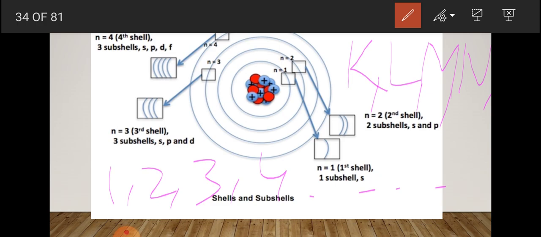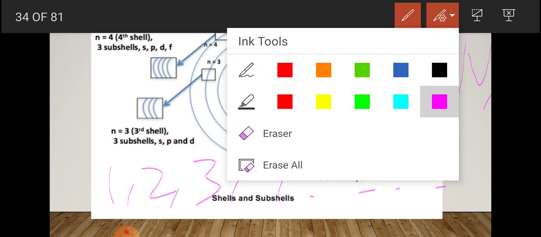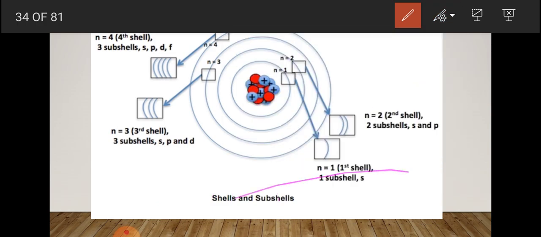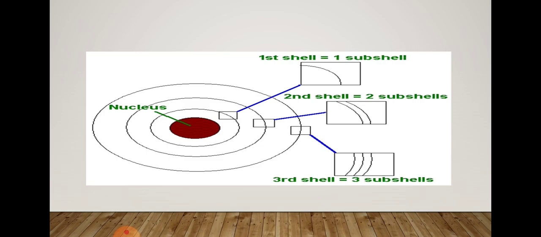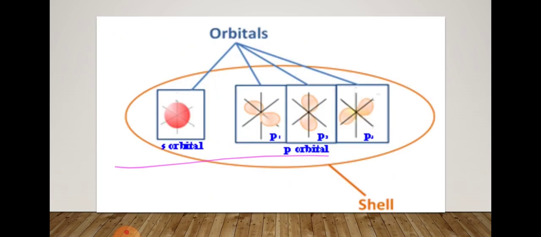As the number of shell increases, atomic radius of the atom increases. This you are aware of. So it is clear. Orbitals S, P, D, and F, four types of orbitals are there.